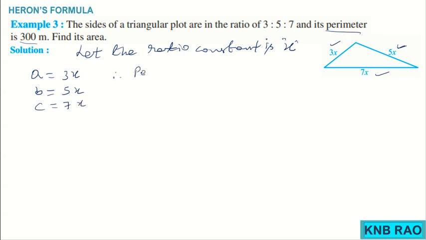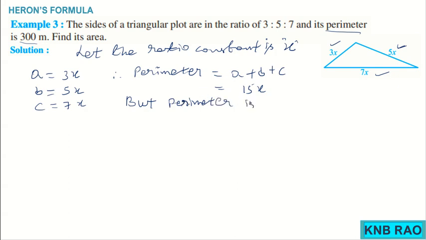So perimeter is a plus b plus c, which is 15x, but perimeter is given as 300 meters.